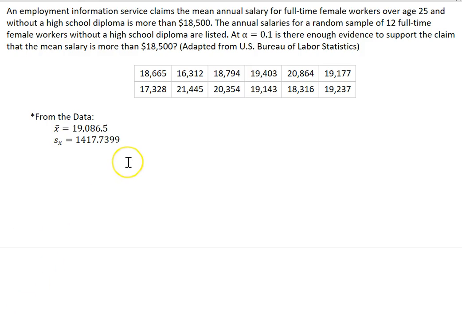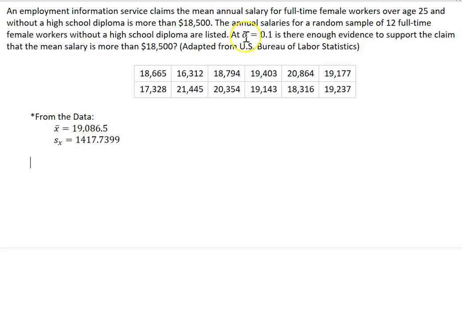Okay, so now I can start to begin the hypothesis test. First thing I need to do is figure out what my null and my alternative hypothesis are, right? So here it says that an employment information service has a claim, and their claim is that the annual salary for this group of people is more than $18,500.